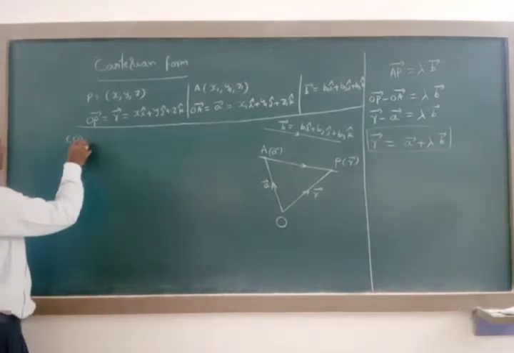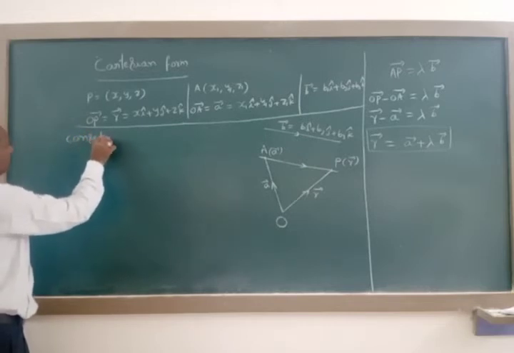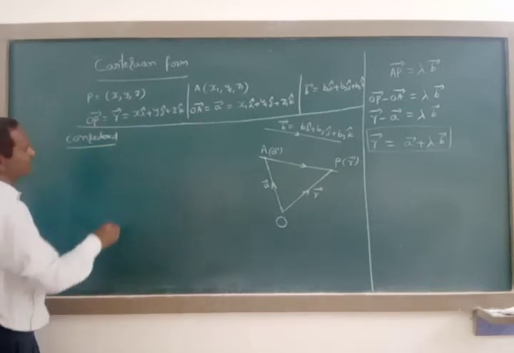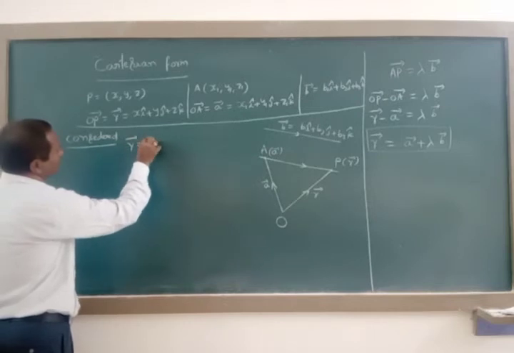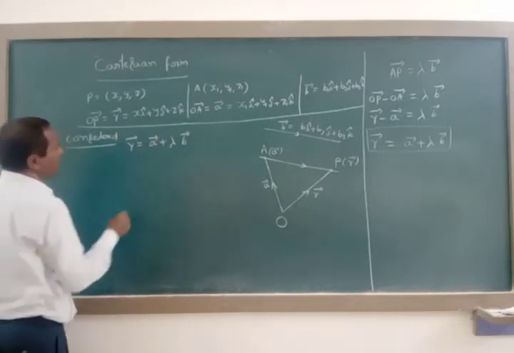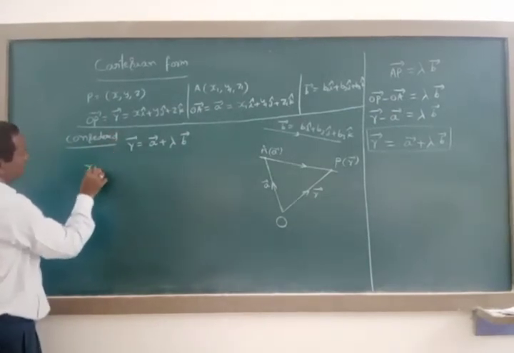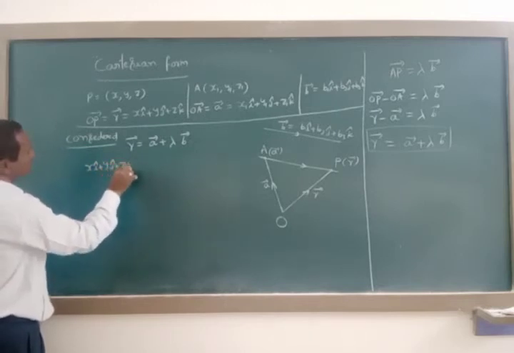Considering the vector form of the equation of a straight line, that is R vector is equal to A vector plus lambda into B vector. R vector is x i cap plus y j cap plus z k cap.